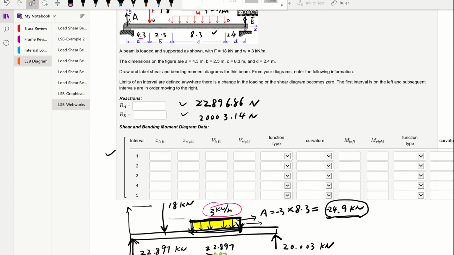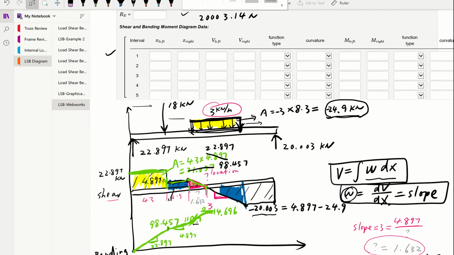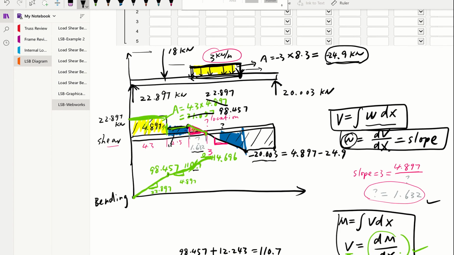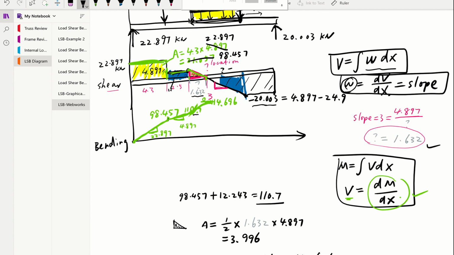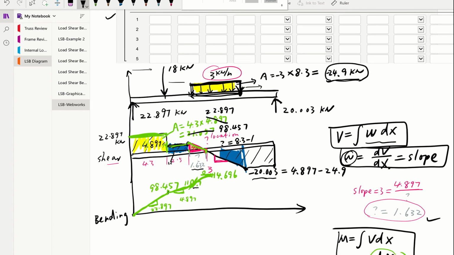Okay, so this entire thing is 8.3 for this distributed load. And you figure out this length is 1.632. So what will be the remaining length here? Okay, that would be your 8.3 minus 1.632. 8.3 minus 1.632, that would give us 6.668.